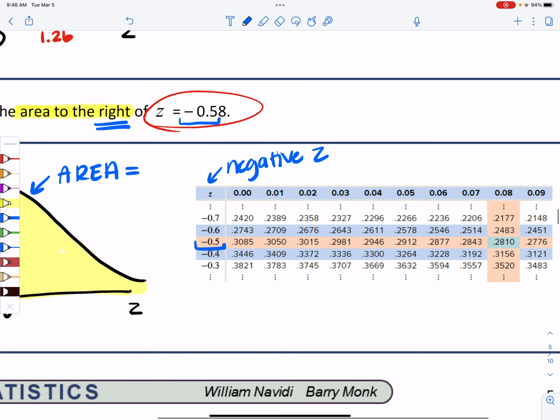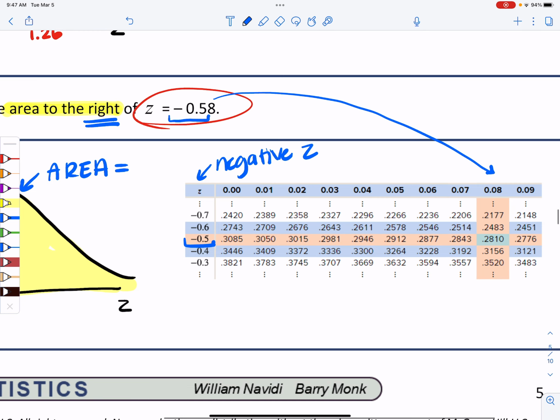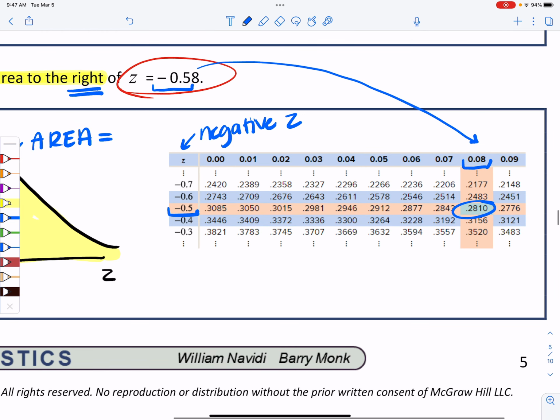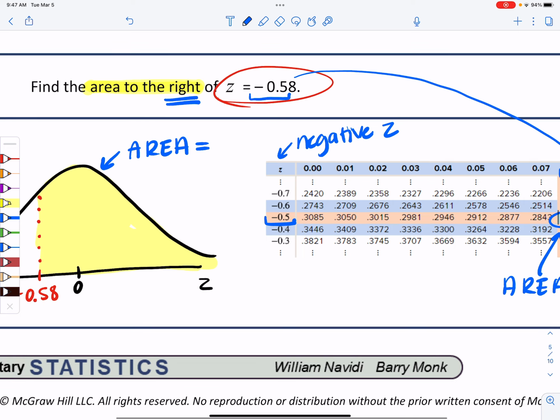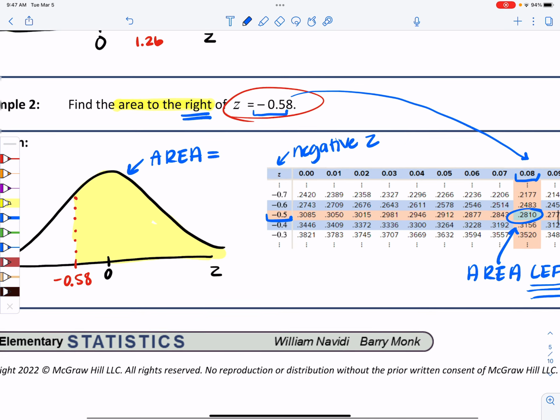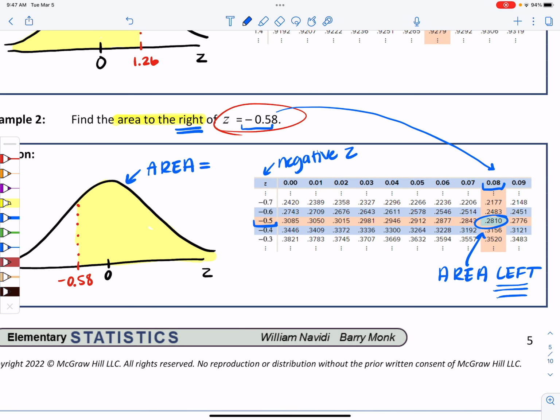Second decimal place, I'm going to find across the top, which is an 8 here. And where those two things intersect gives me an area, but I've got to remember in my table, it always gives me an area to the left. So in this case, if I want the area to the right, I need to flip that around.